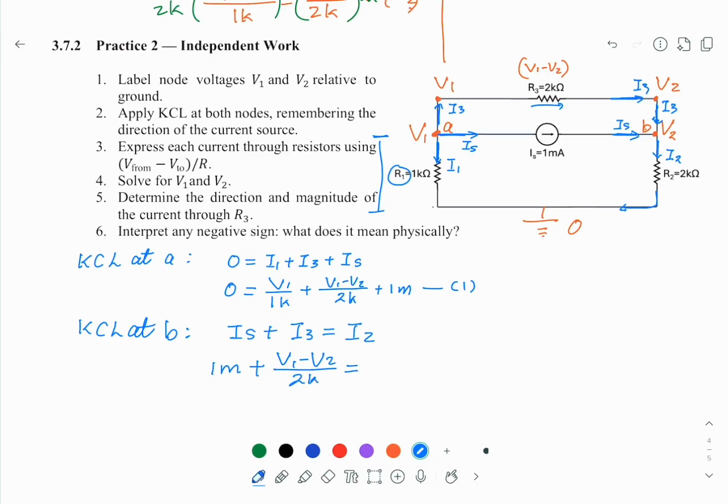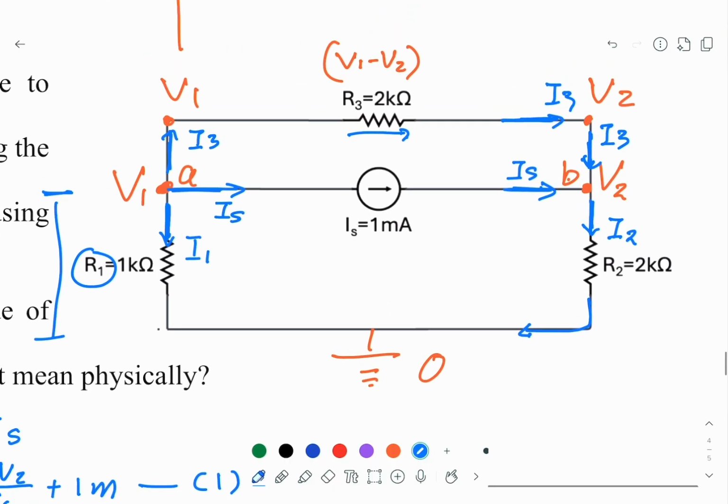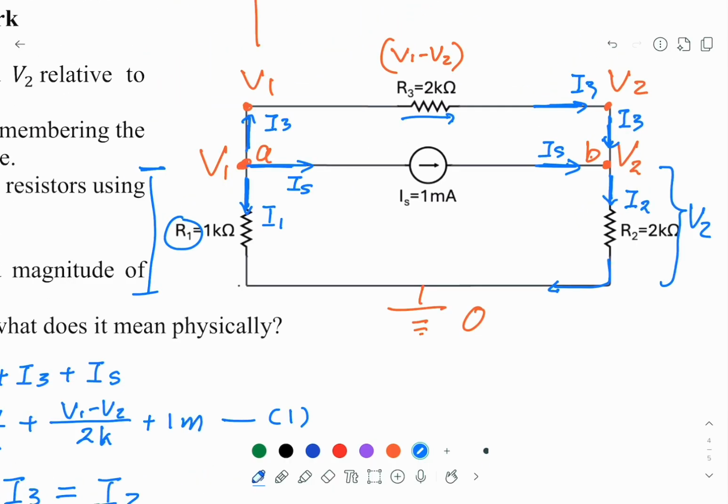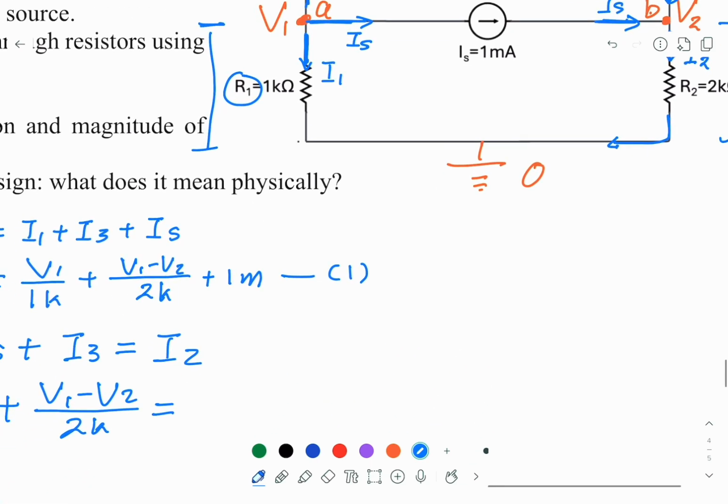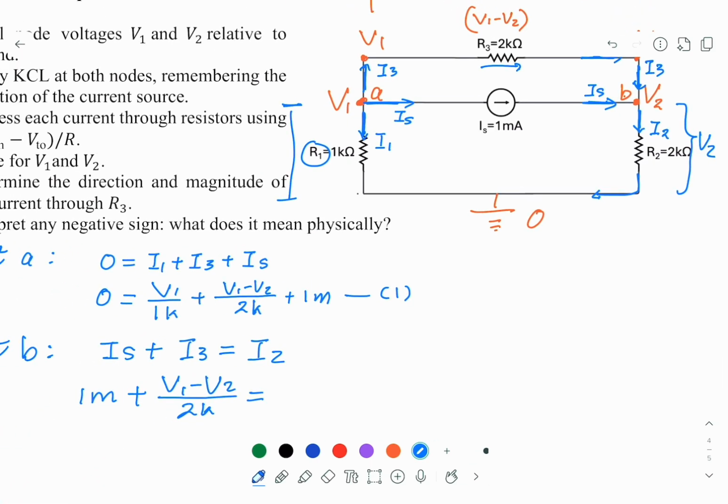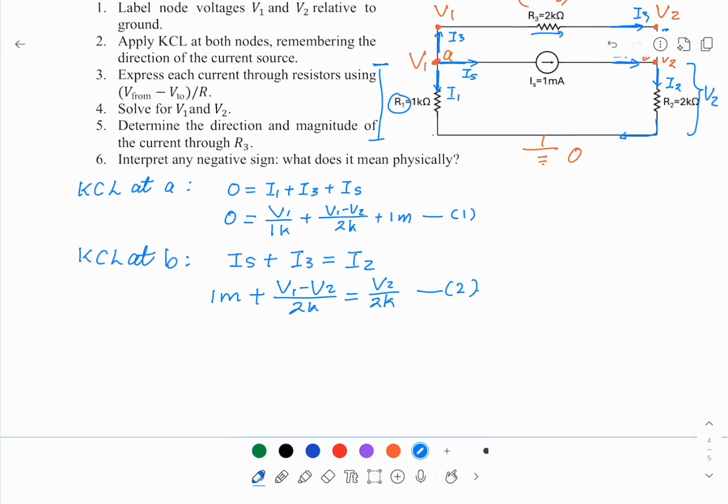And I2 is, so this is V2, so I2 equal to V2 over 2K. This is equation 2.